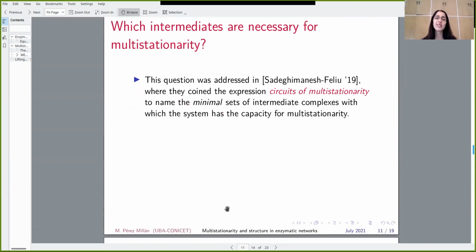So which intermediates are necessary for multistationarity? This question has already been addressed by another work by Sadeghi, Manesh, and Feliu, and they coined the expression circuits of multistationarity to name the minimal sets of intermediate complexes with which the system has the capacity for multistationarity.